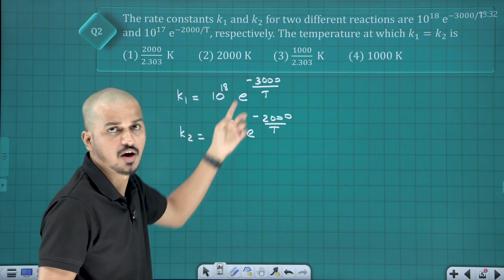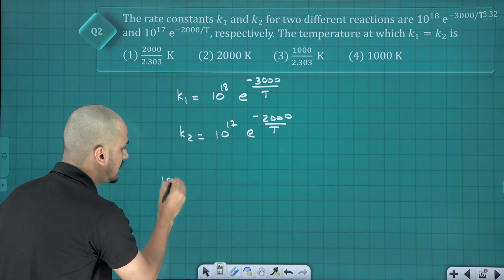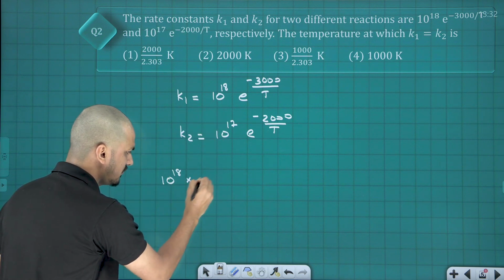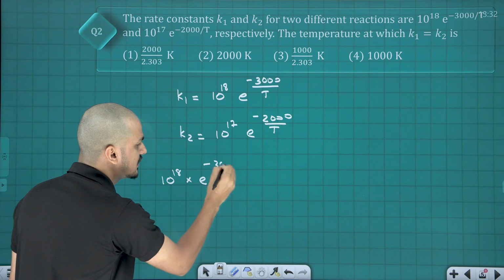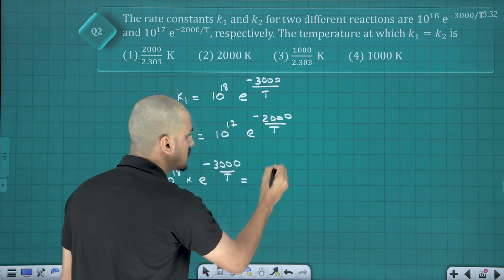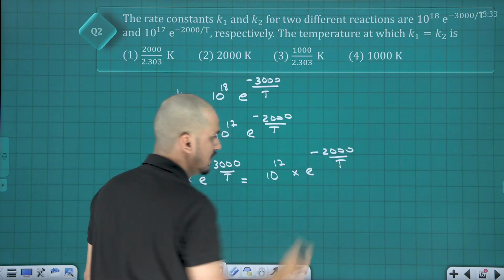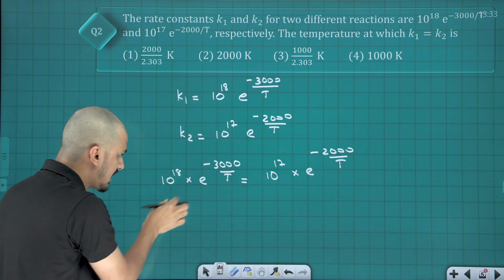So we have to equate these two. K1 equal to K2 means 10 raised to 18 into e raised to minus 3000 by T should be equal to 10 raised to 17 into e raised to minus 2000 by T. That means 10 raised to 17 I can take to the left.